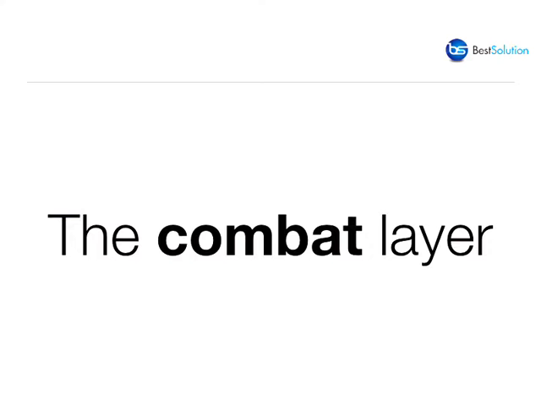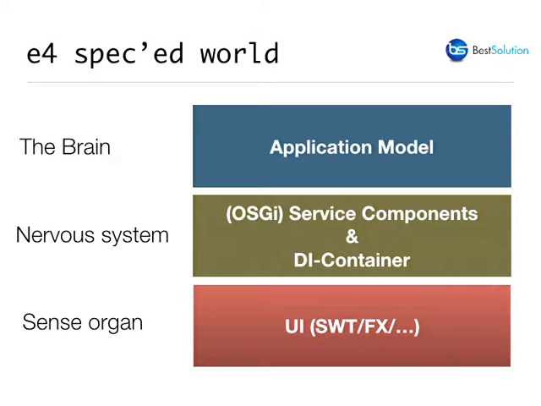So what's the problem with the compat layer? I'm not sure whether we made a mistake when we started implementing that. That's something that could be discussed. If you look at how Eclipse 4 spec'd the world, we spec'd that we have a brain, that's the application model. We have a nervous system, that's our dependency injection container and the OSGi service registry.